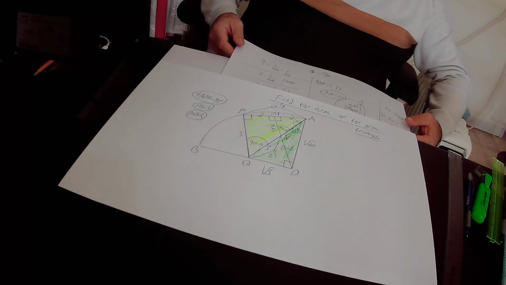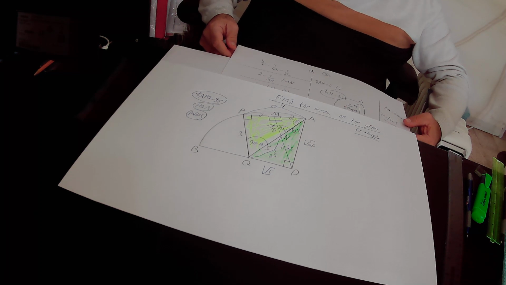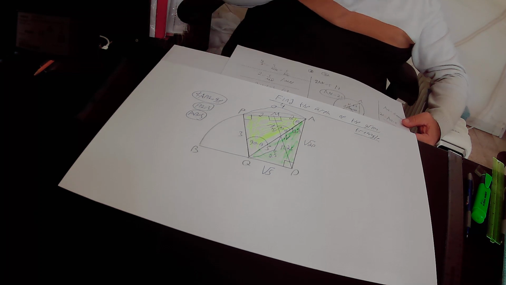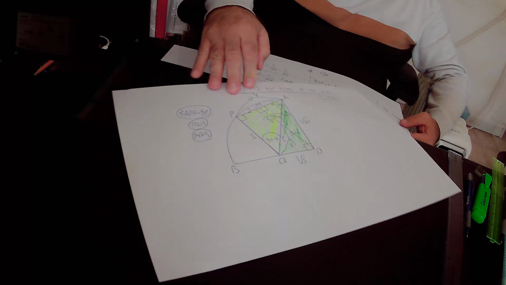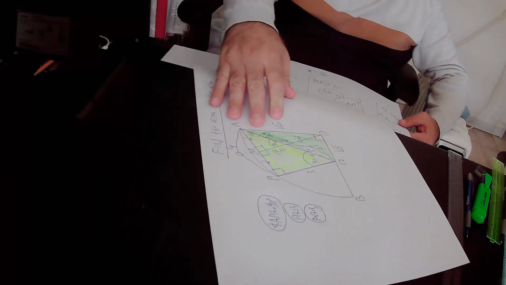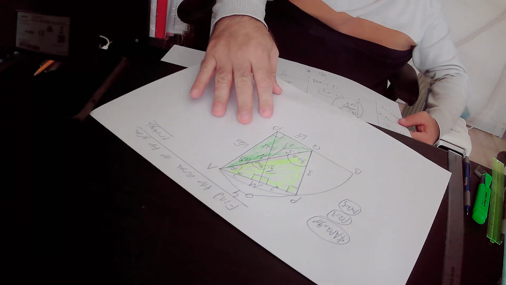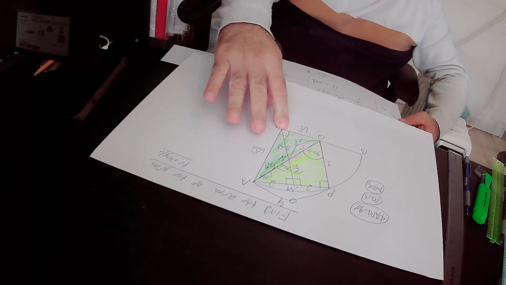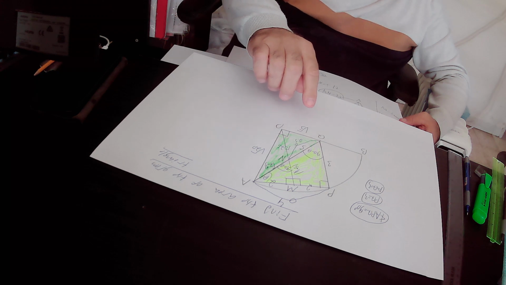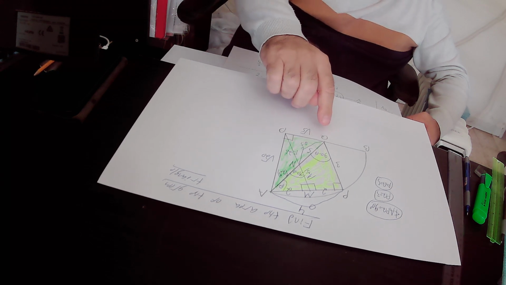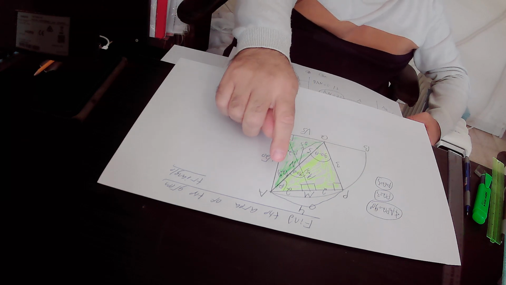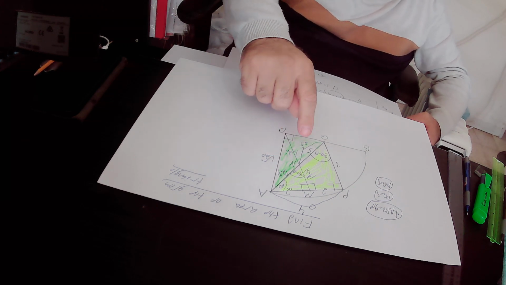Then, if I know the length of line segment QN, from the drawing it is very easy to see that QN equals QA minus NA.